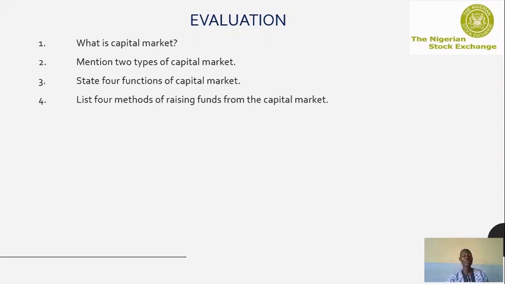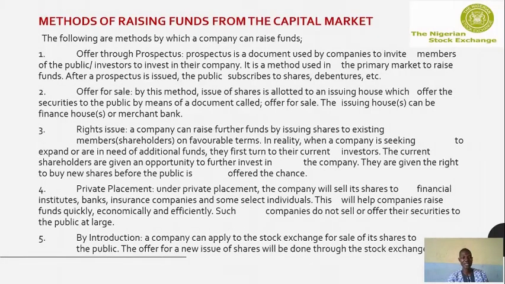So if you are asked, it's not compulsory that you must mention them the way we listed them. You can pick from any, even number 5, by introduction. So the question is, list 4 methods of raising funds from the capital market. And we said offer through prospectus, offer for sale, rights issue, private placement, and the last one, by introduction.